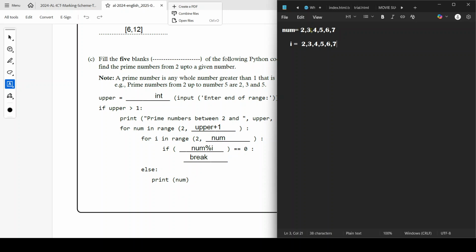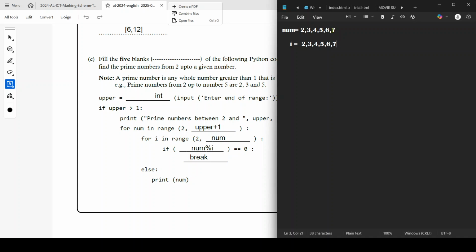Then 3 is divided by 2. 2 is the smaller number, the mod is 1, so it will print. Then 4 is divided by 3, it can't divide, so it will print. And 5 is divided by 4, the remainder is not 0, so it will print.